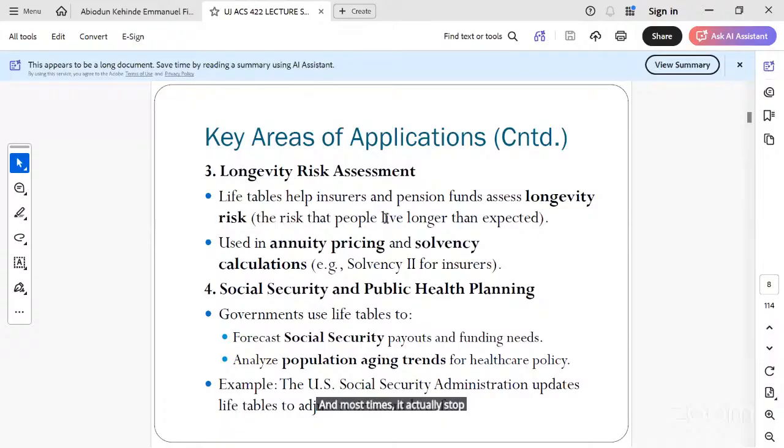So it's a challenge. So there has to be a way of designing or coming up with a financial compensation that will at least cushion the family, so that the family will be able to withstand that shock.